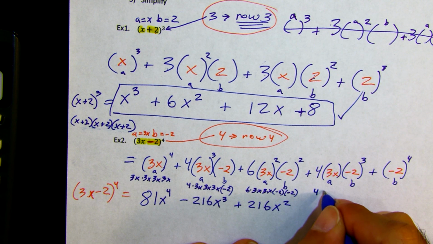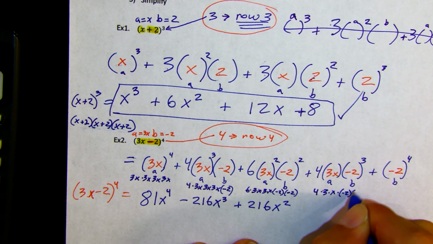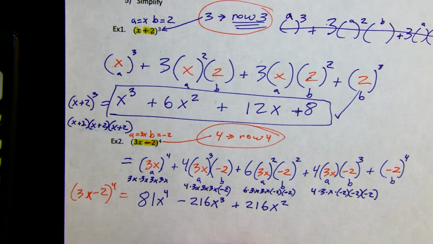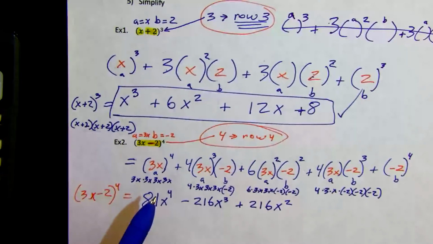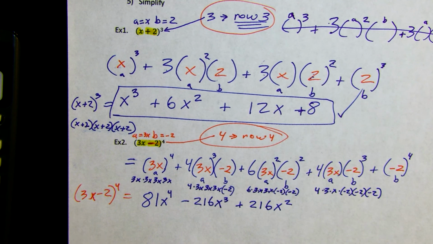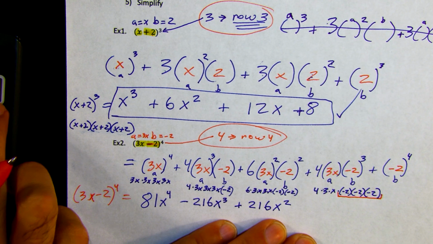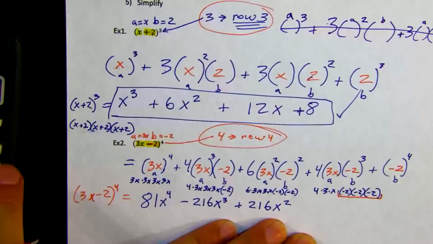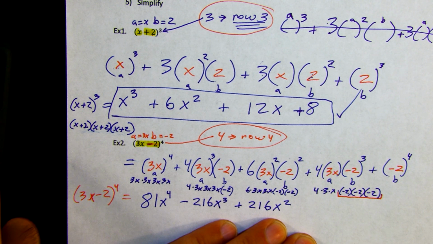Here I'm going to expand it. 4 times 3 times x times negative 2, negative 2, negative 2. So I'm going to simplify this first, just so I can think about it a little more clearly. Negative 2 raised to the third. Why am I having trouble with this calculator?